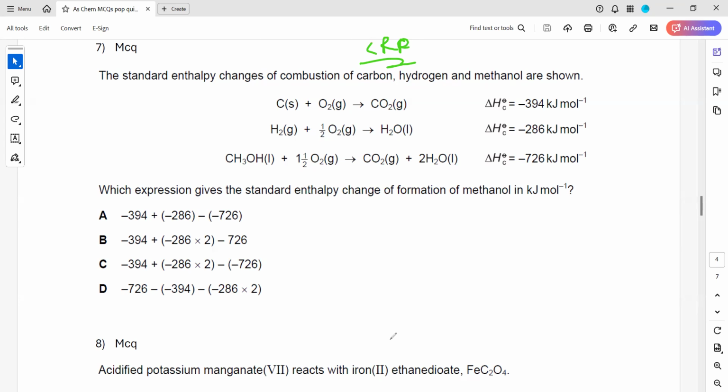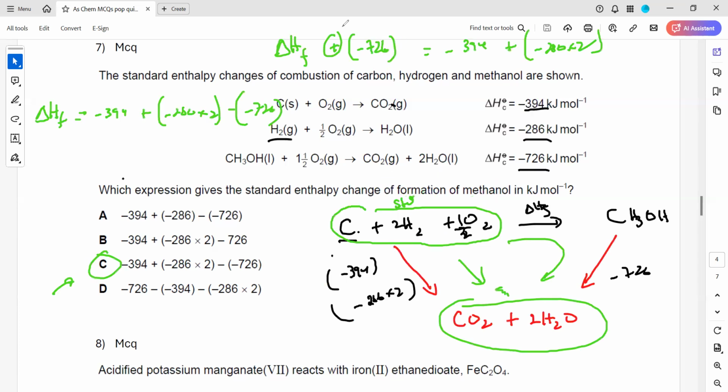Or the second way, you can form the equation, and how to form the equation is because you need a formation. What is a formation? Formation means when elements form a compound, we call that a formation. In the CPR, this is what we will do in this case.